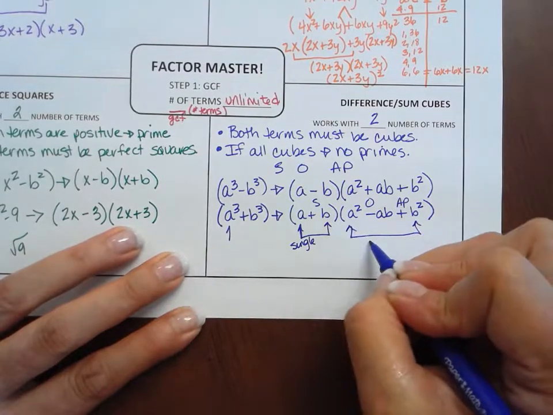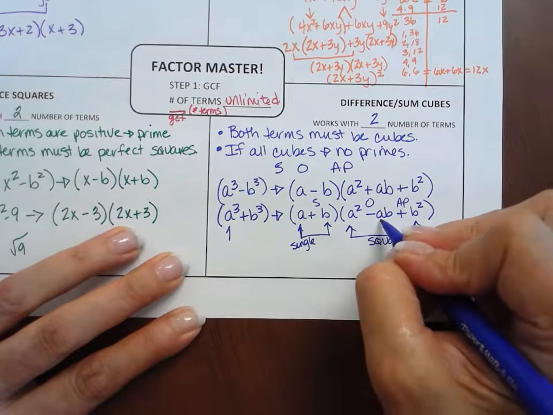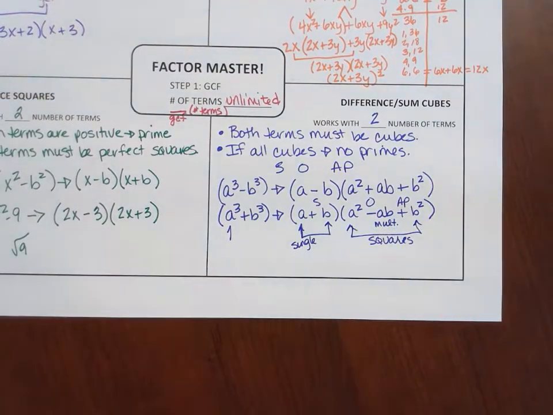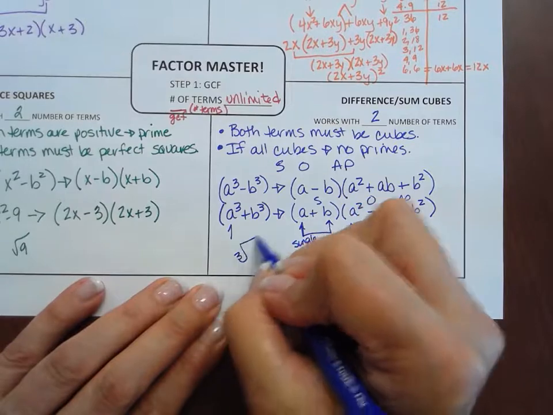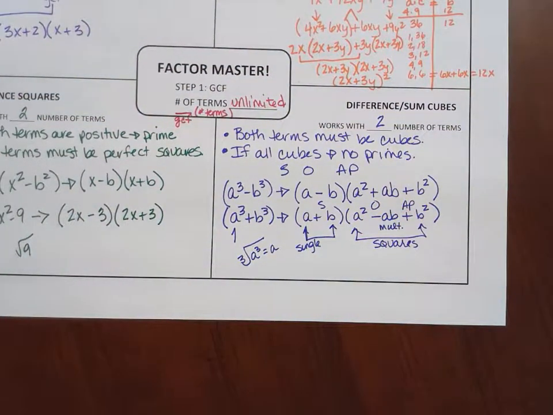These two are squares, and the middle is always the multiply. Good? Those are cube roots. Okay, just A. Feel okay about those?